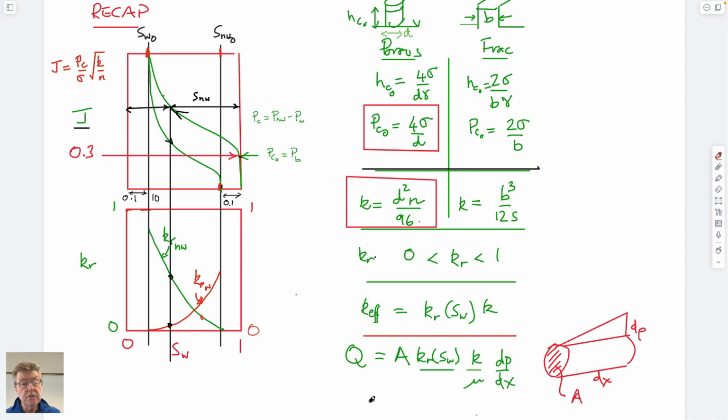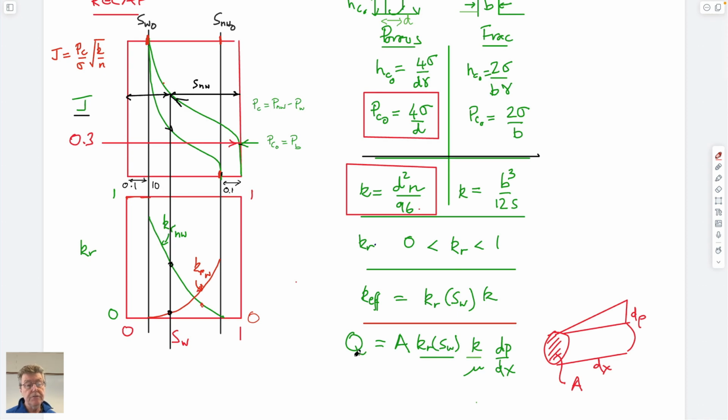We know that if we want to, we can calculate the velocity or volumetric flow rate using Darcy's law, where we use an effective permeability and a pressure gradient. And we use this scaling parameter, which is a function of saturation, which we talked about drawing as a function of these X curves, which perhaps weren't very satisfying because they don't drop off at the irreducible saturation behavior.